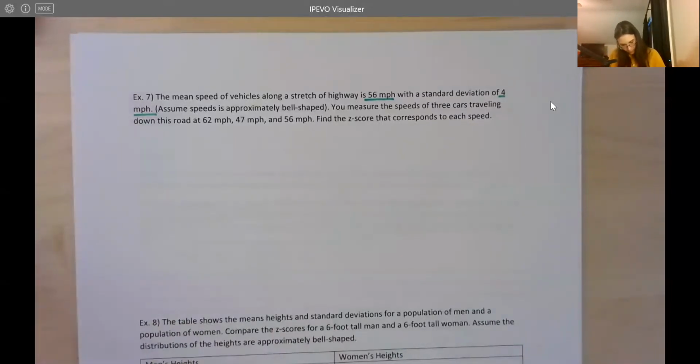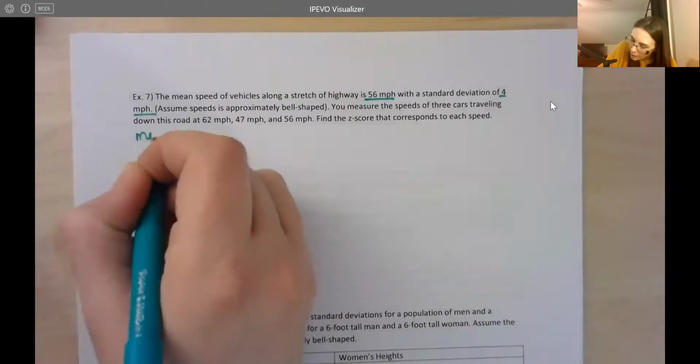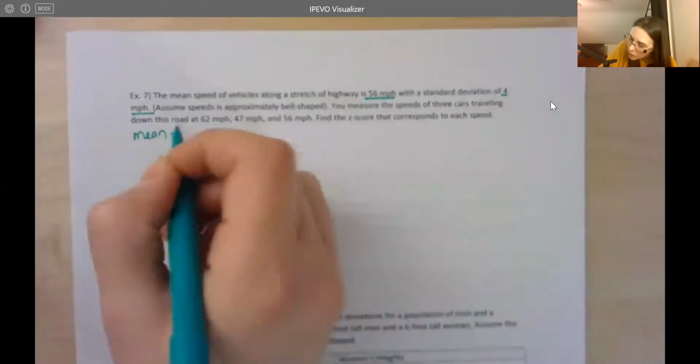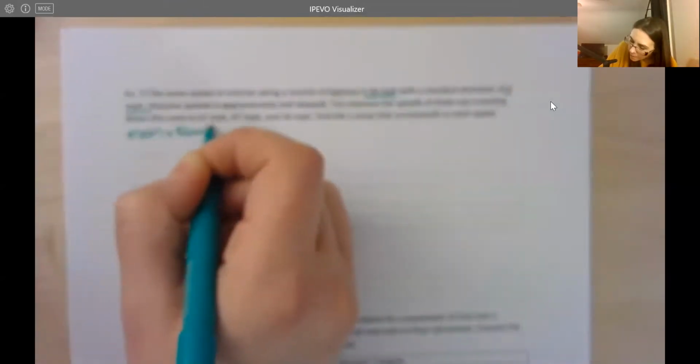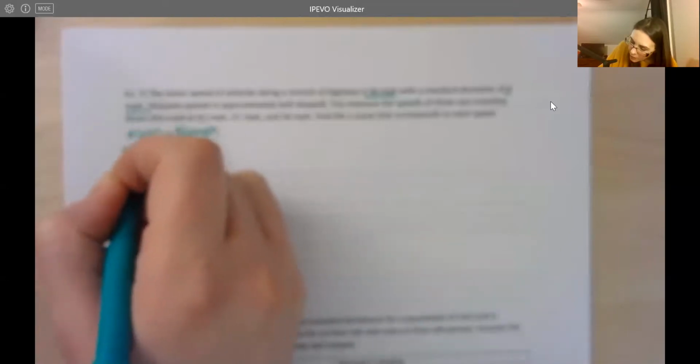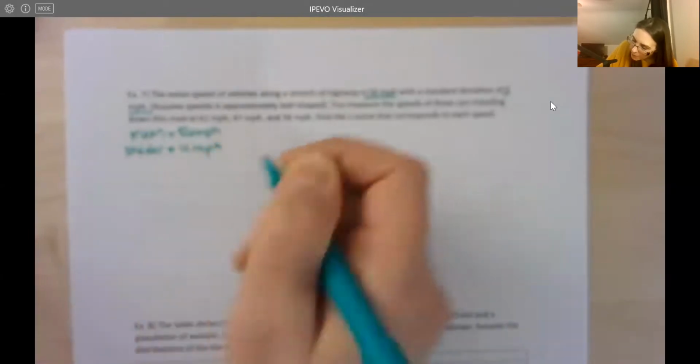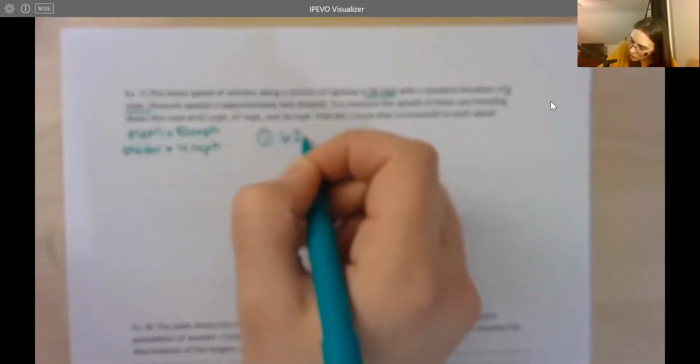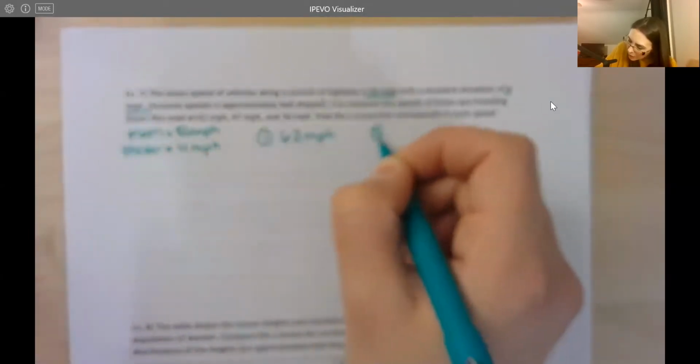Okay, so the first thing I have here is I do know that my mean is equal to 56 miles per hour, and my standard deviation is equal to 4 miles per hour. My first car is traveling 62 miles per hour, my second car 47, and my third car 56.